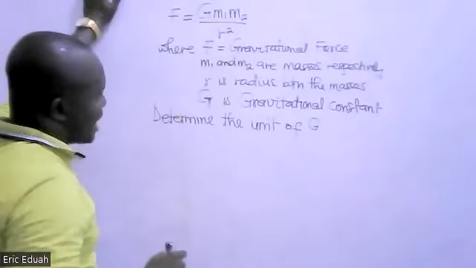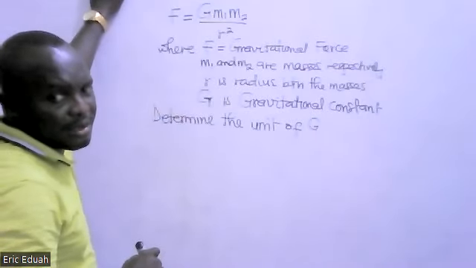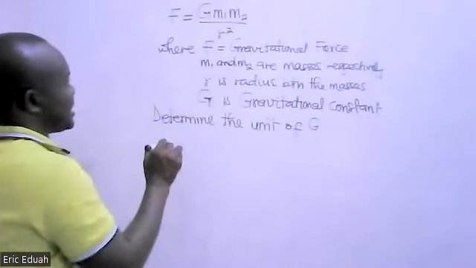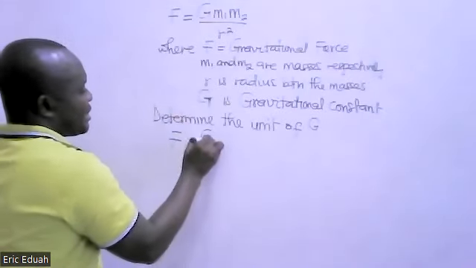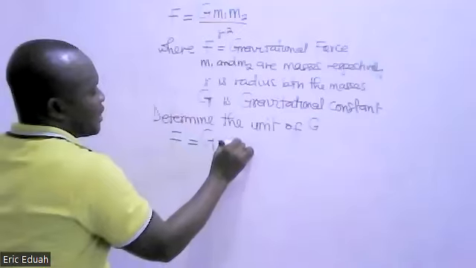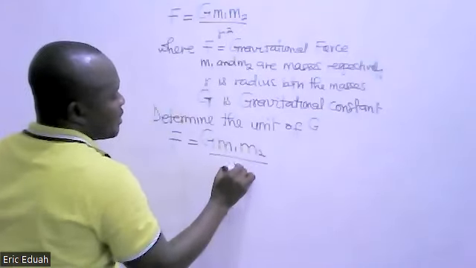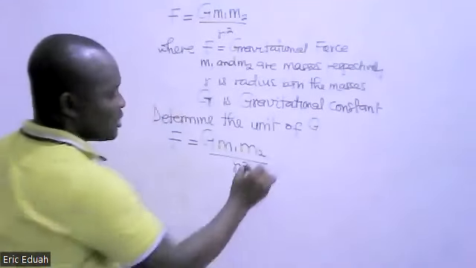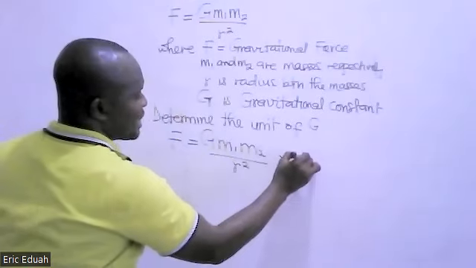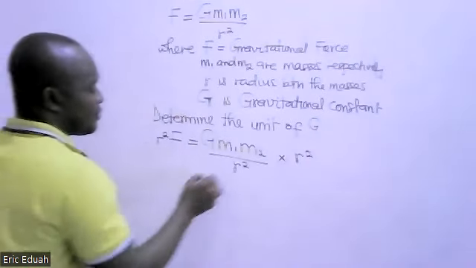The first way out is to make G the subject. How do we make G the subject? I first think about eliminating the denominator. So I multiply through both sides of the equation by R squared.